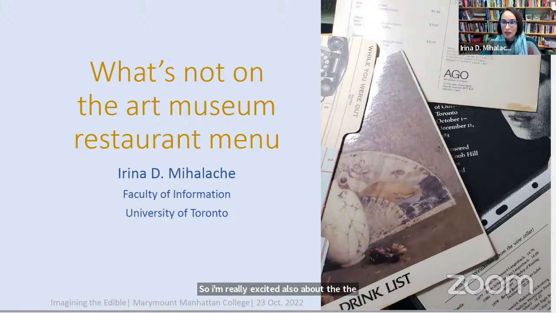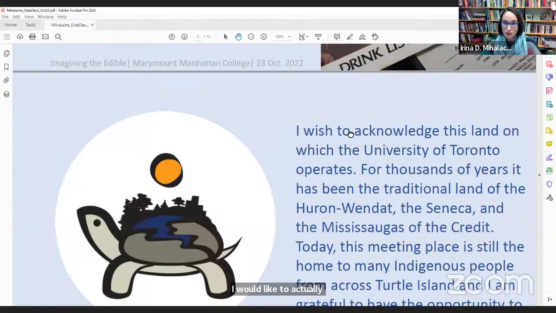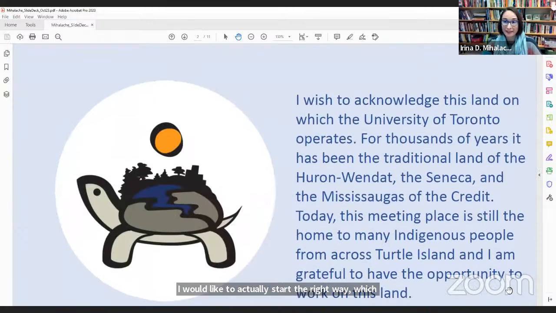Before I get into my topic, I would like to start the right way, which is with a land acknowledgement. What you can see on the screen is the official land acknowledgement of the University of Toronto. But I started to work on personalizing my land acknowledgement according to the type of research that I'm doing, and to be mindful of the research that I do in the context of a settler colonial country.